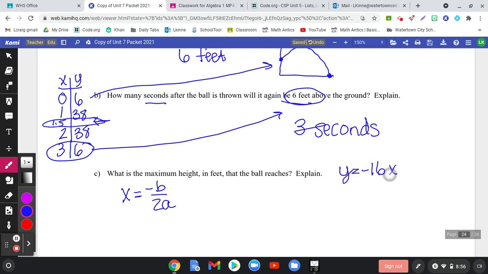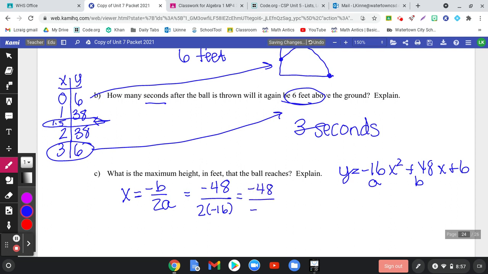And if you look at your equation, negative 16x squared plus 48x plus 6. This is your a, this is your b. So if I did negative b, negative 48, divided by 2 times a, 2 times negative 16, and threw that into the calculator, we'd have negative 48 divided by negative 32, which gives you 1.5, which again is halfway between.